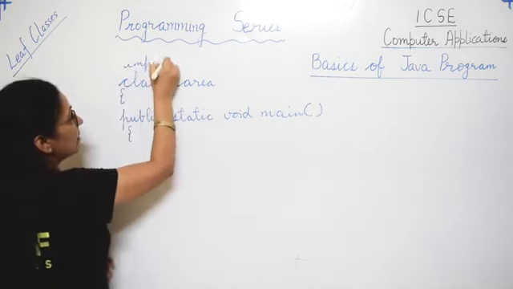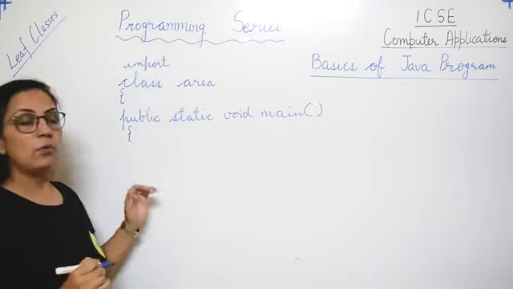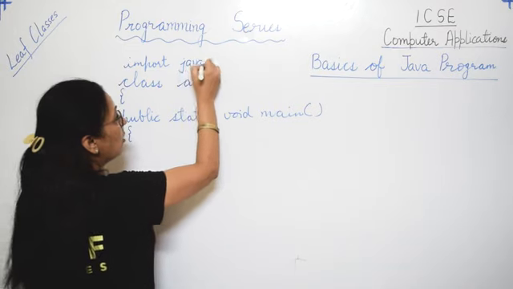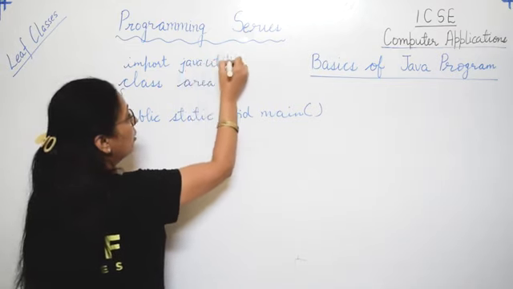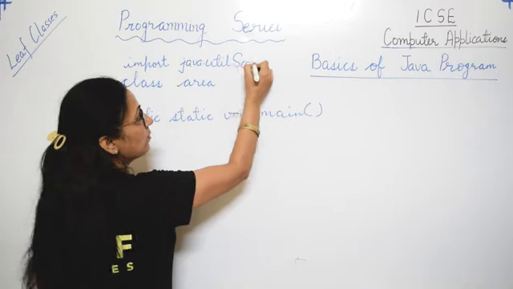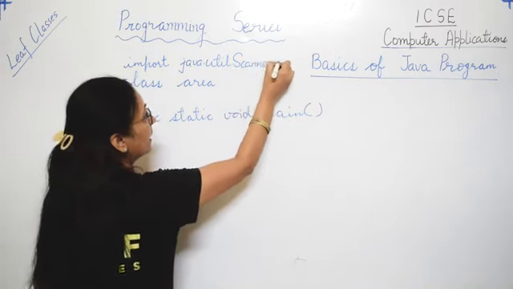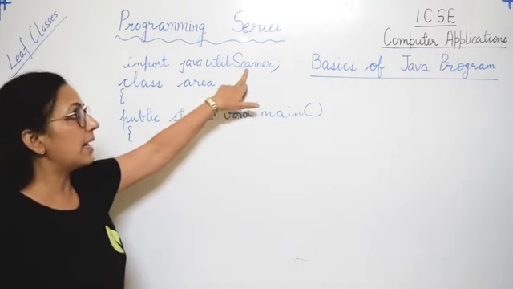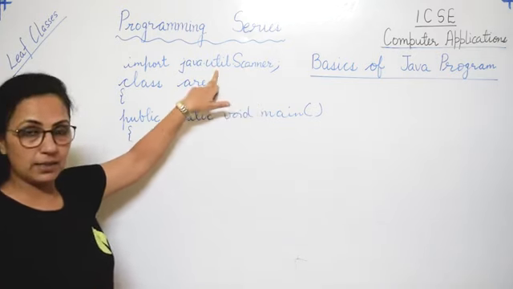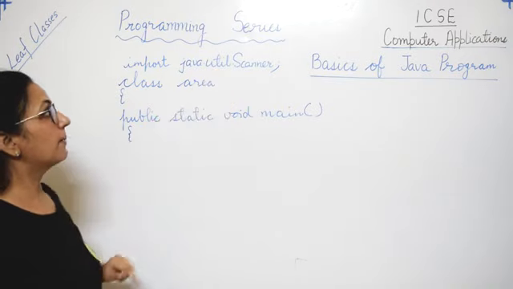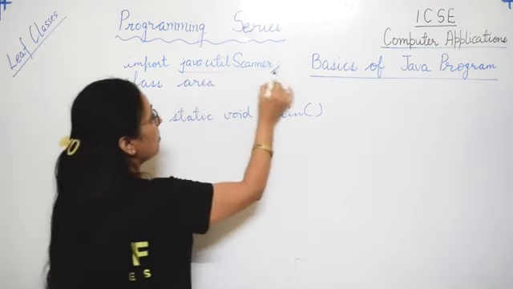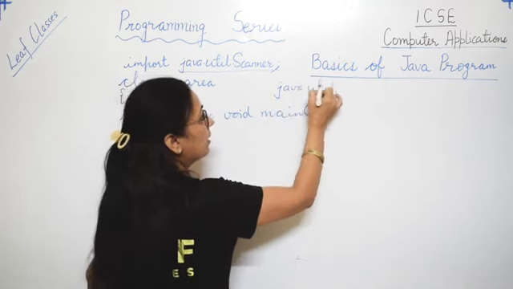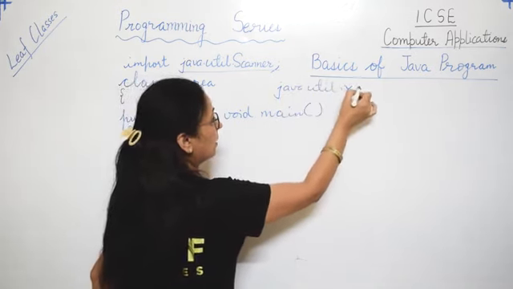The first statement of your program will be the import statement, import java.util.Scanner. S of Scanner is capital, right? Now here Scanner is the class name. It is in the java.util package. Now instead of this, you may write like this also, java.util.*, right?